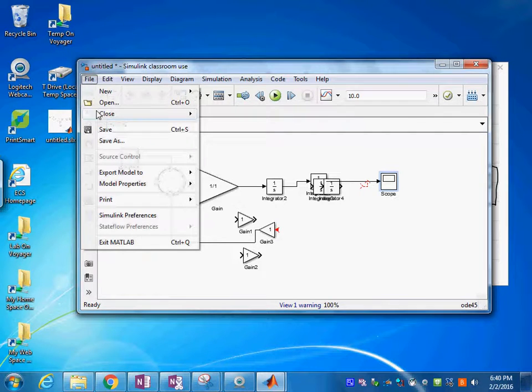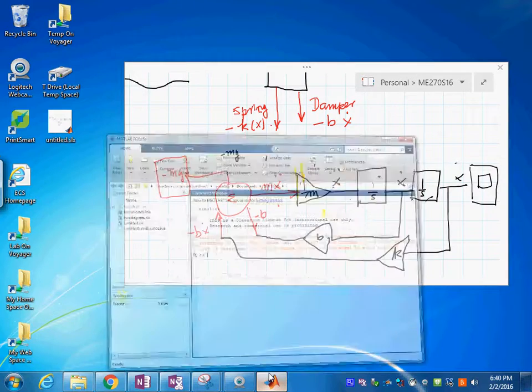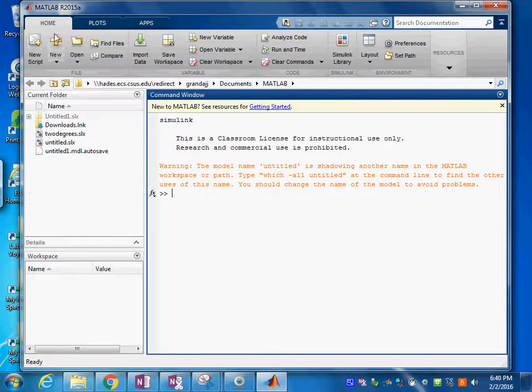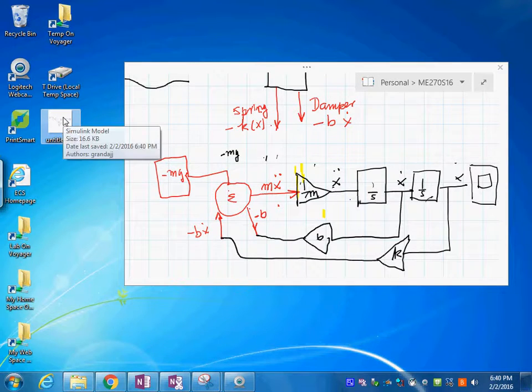I think I'm going to save and then get out of MATLAB because it is not working well. You can always double click on this and MATLAB will get restarted.